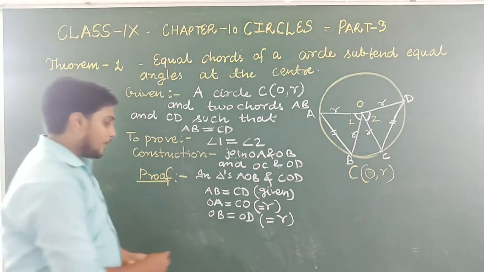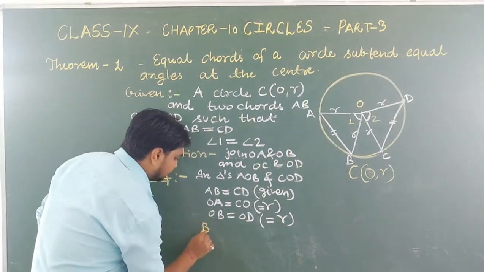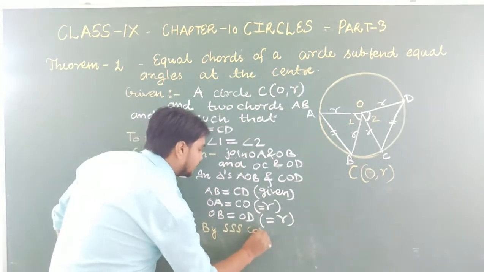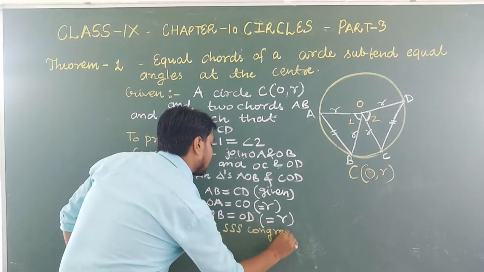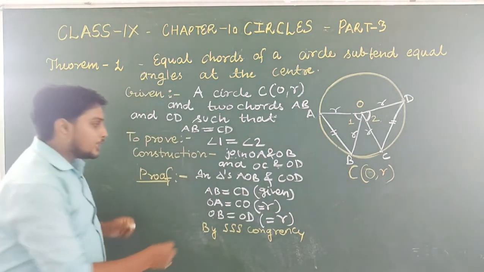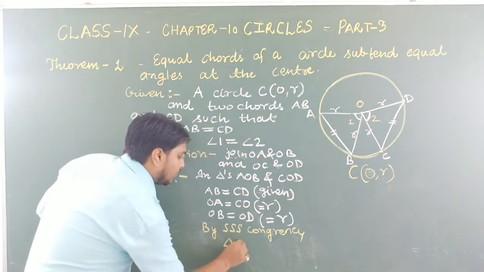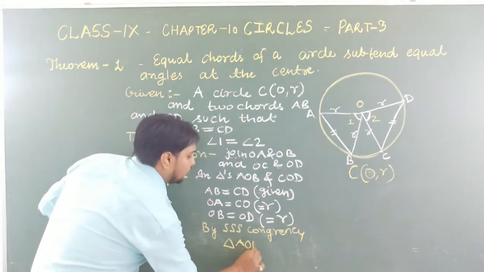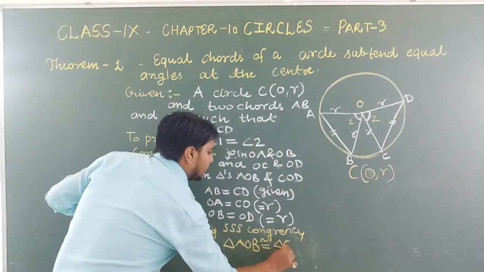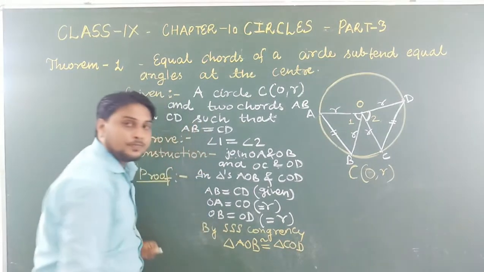So students, by side congruency, you can say that triangle AOB is congruent to triangle COD.